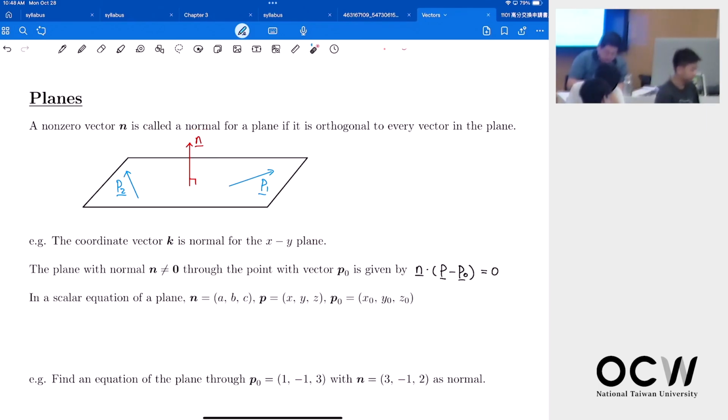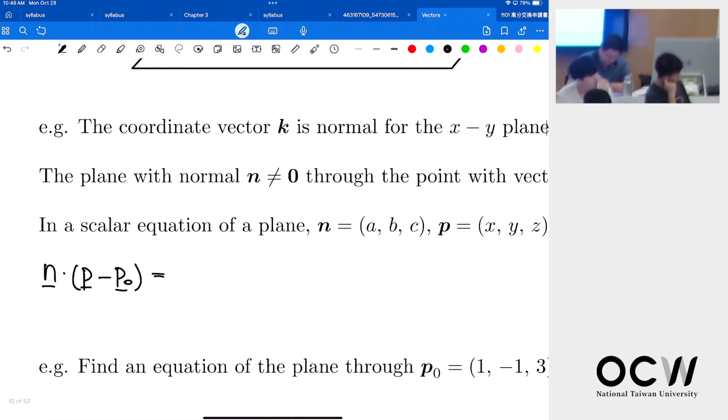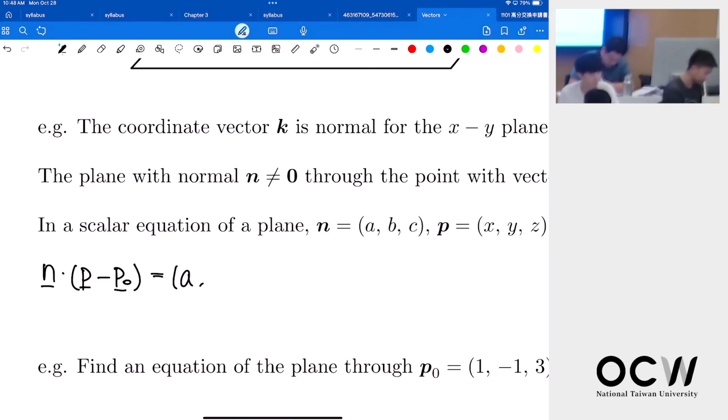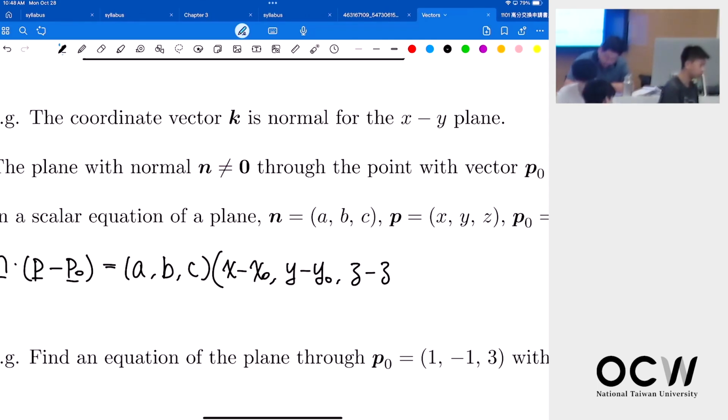Suppose I have a normal vector, and I have two vectors p and p naught that are in the plane. n dot product (p minus p naught) will be (A, B, C) dot (x minus x naught, y minus y naught, z minus z naught).